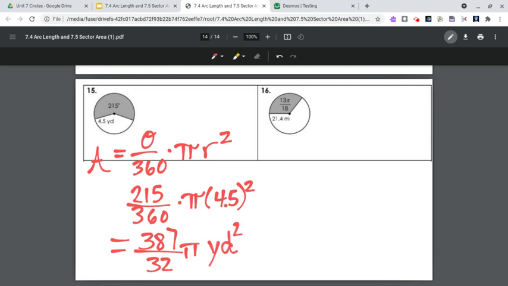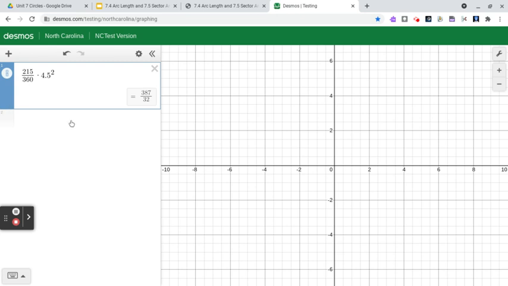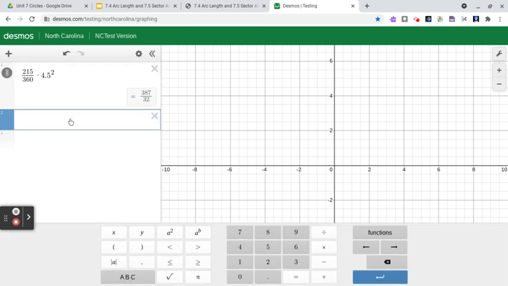And then we'll calculate it out. So I'm just going to compute using pi. 387 over 32 pi, which gives us 37.99 square yards.